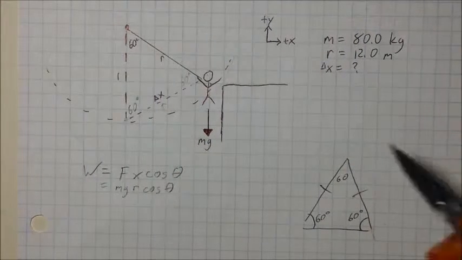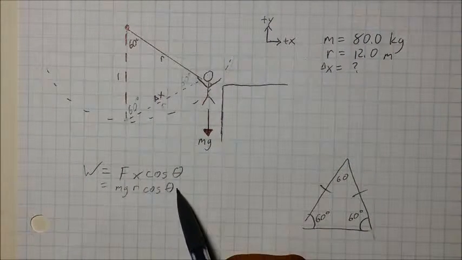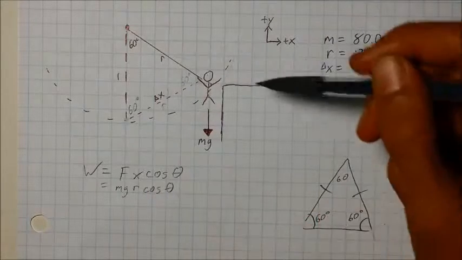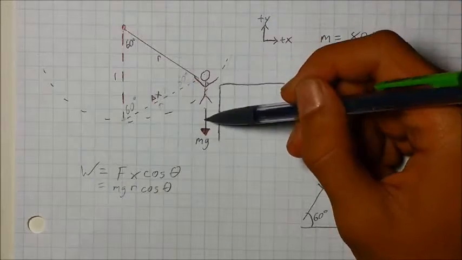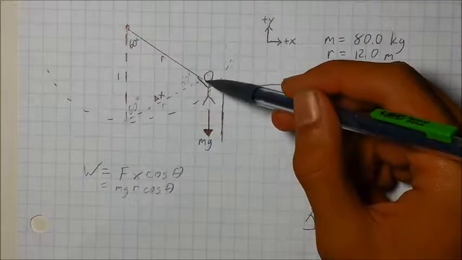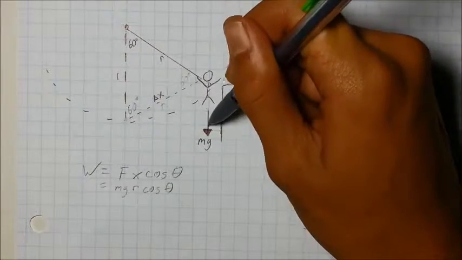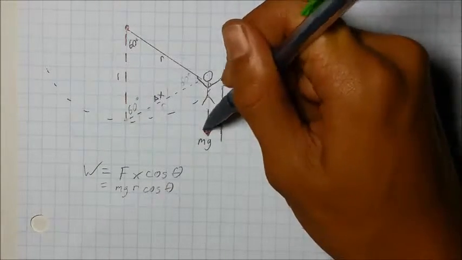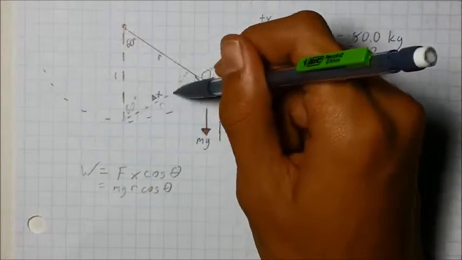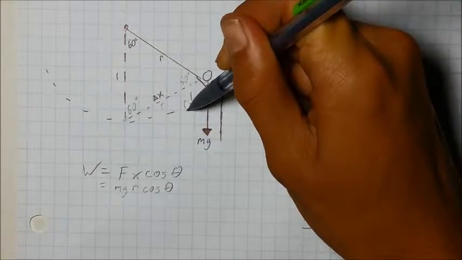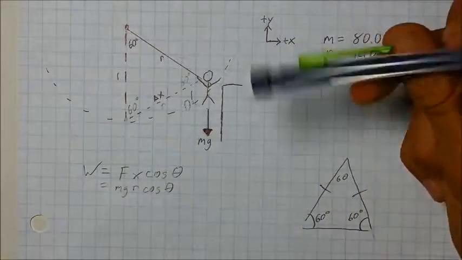To find theta: theta in this formula means the angle of the force in relation to the direction of its displacement. Here, the force is Batman's weight, and the displacement is going this way. So what we're trying to find is this angle right there.